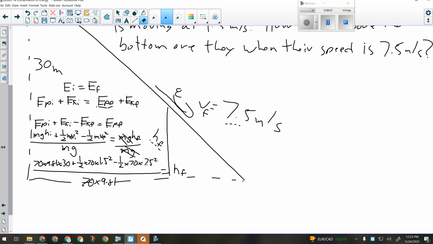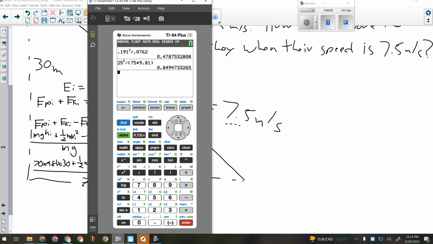All right, so if I punch all that into my calculator, 70 times 9.81 times 30 plus 0.5 times 70 times 1.5 squared minus 0.5 times 70 times 7.5 squared.